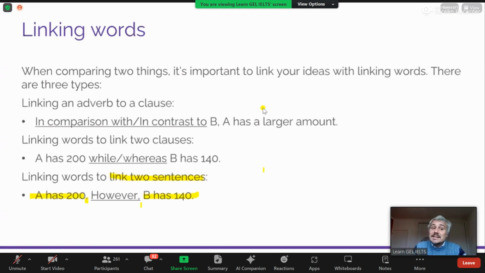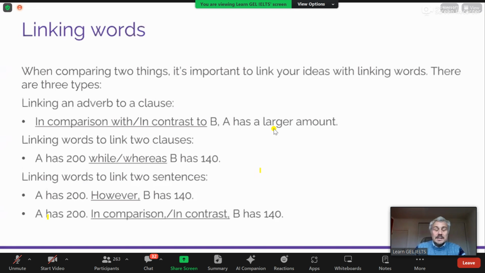So we need different linking words. We could use however. A has 200. However, B has 140. However can begin a new sentence, but it cannot go in the middle of a sentence. So however, while, and whereas are different types of linking words.